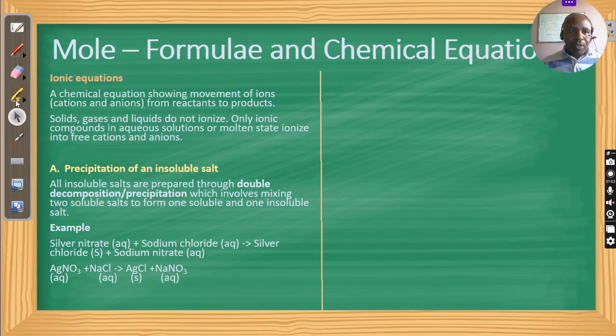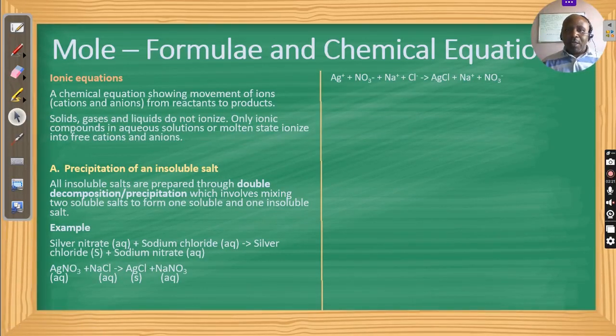This is the equation for the reaction, as you can see here. Where we have AgNO3, which is aqueous, plus NaCl, which is aqueous, to form AgCl, which is a solid, and NaNO3, which is aqueous. These are silver nitrate and sodium chloride to form silver chloride and sodium nitrate.